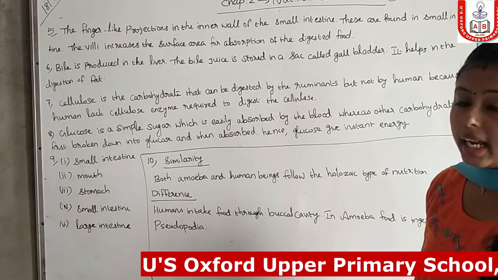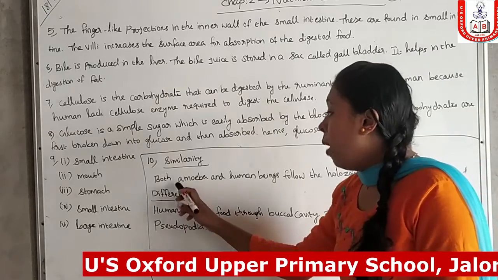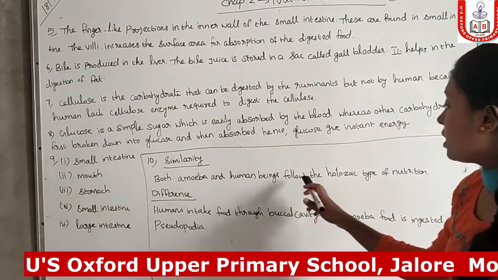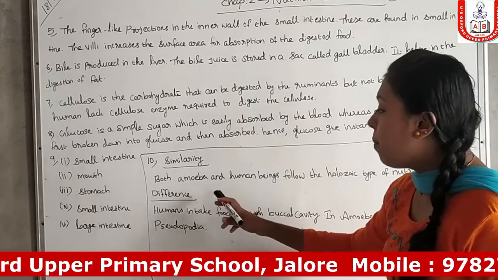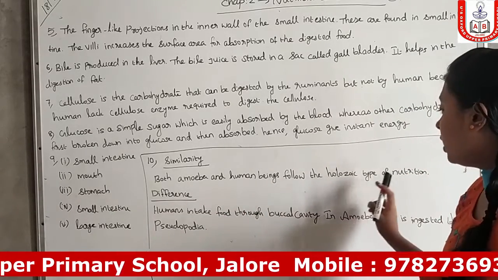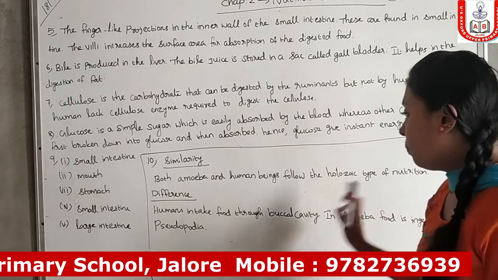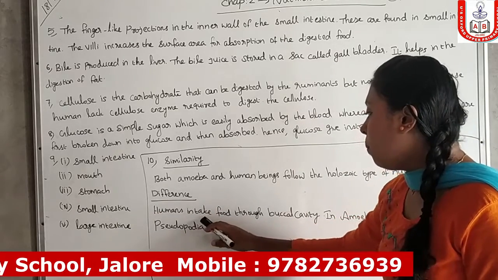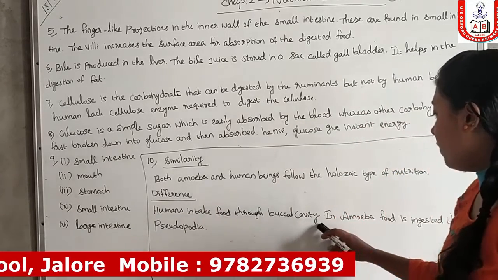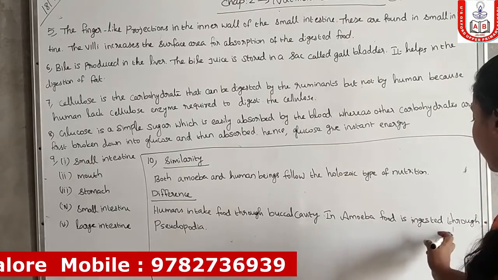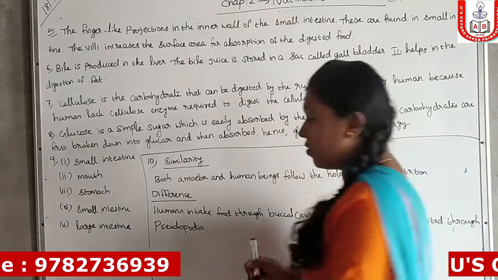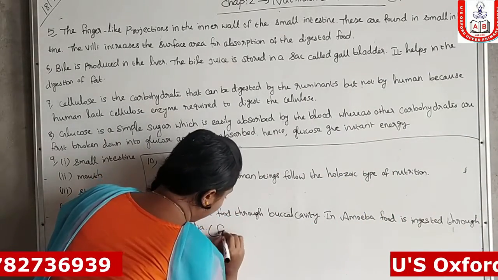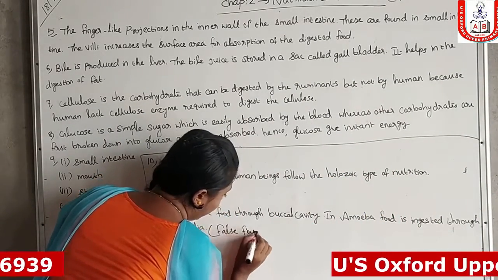Similarity: both amoeba and human beings follow the holozoic type of nutrition. Next one, difference: humans take in food through the buccal cavity. In amoeba, food is ingested through pseudopodia. Pseudopodia means false feet.